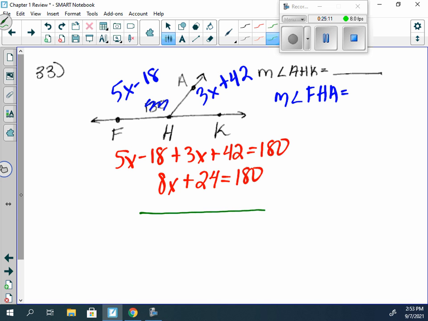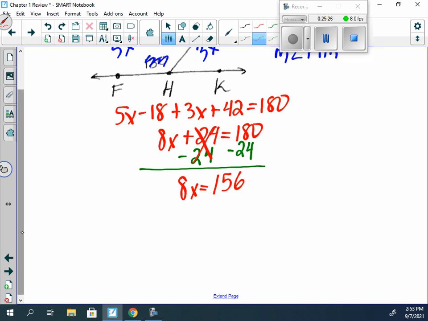We need to get x by itself by subtracting 24 from both sides. These would cancel out, telling us 8x is equal to 150. Divide both sides by 8, and we get x is equal to 19.5.